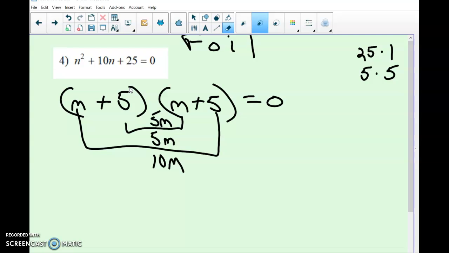If I use FOIL, my product would be n squared plus 10n plus 25 equal to 0. If I asked you for the zeros, we get n plus 5 equal to 0, where n equals negative 5. Any question? Excellent, that's good.